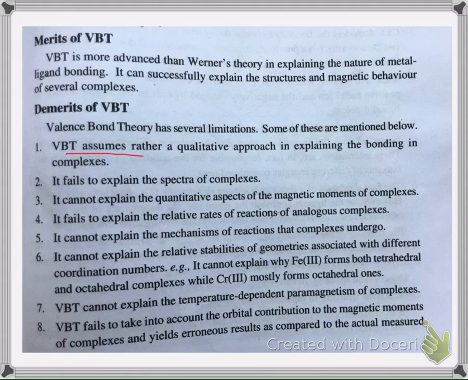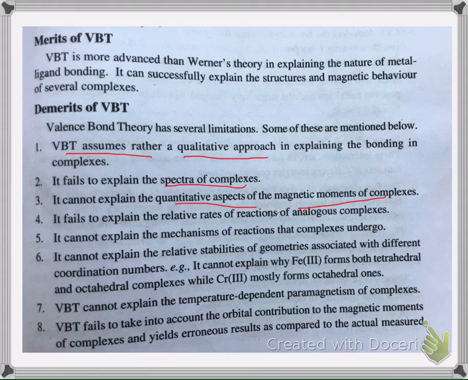Valence bond theory assumes a rather qualitative approach to bonding. It does not account for bond strength and bond energy like any quantitative parameters. It gives only a qualitative explanation. And spectra of complexes are important in coordination chemistry. That spectra could not be explained by valence bond theory. And it has no idea about the quantitative aspect of magnetic moment of complexes.